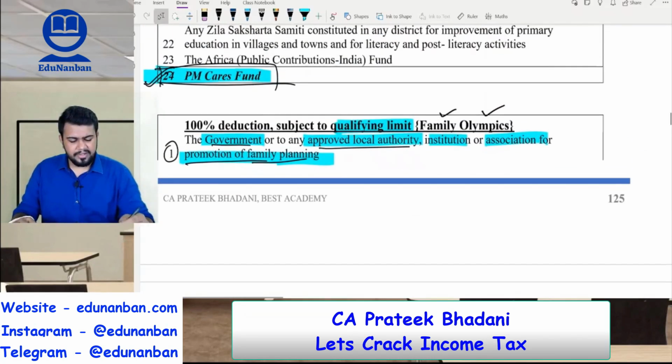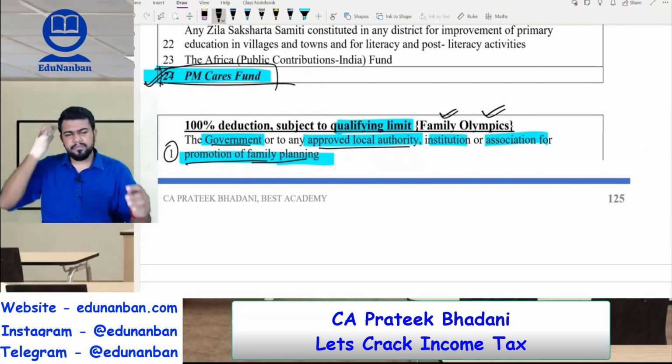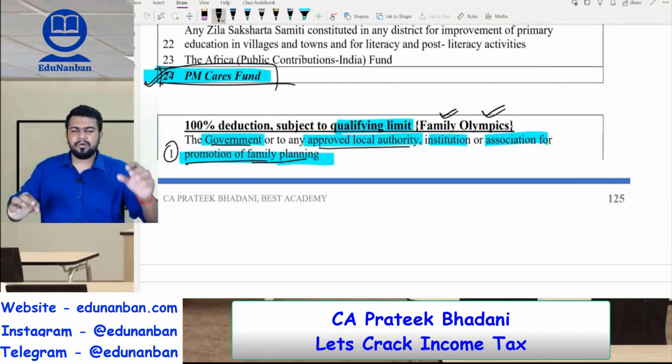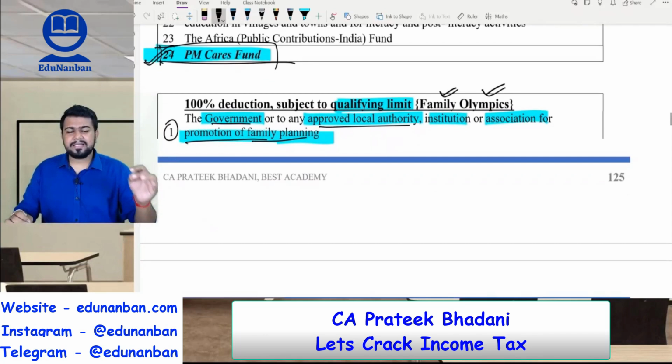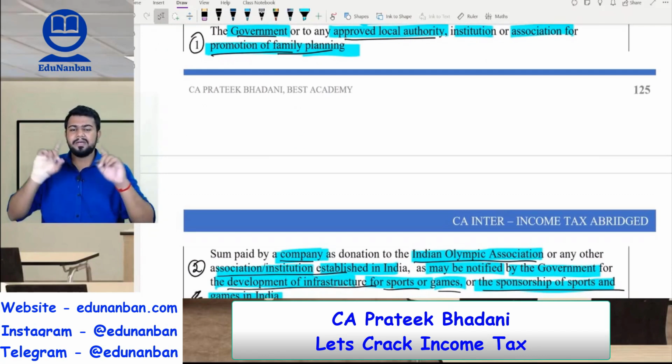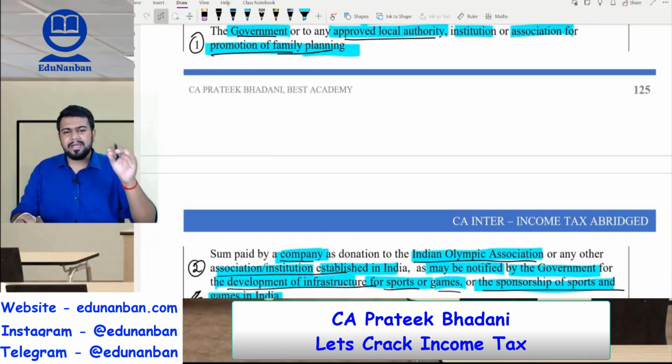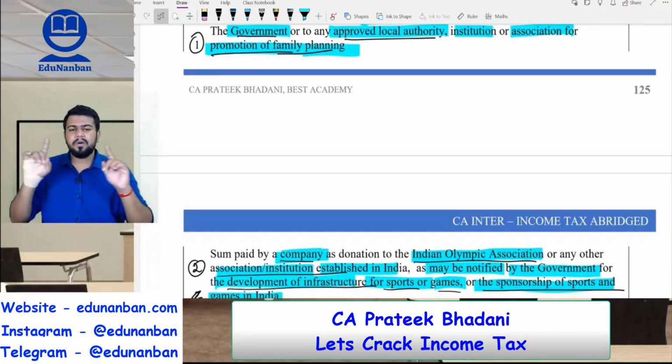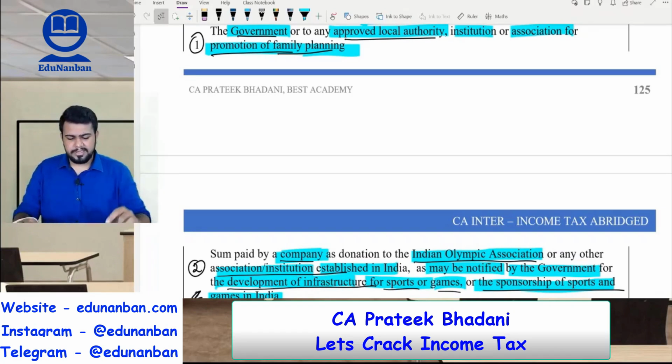I have given you the keywords: family, Olympics. So if it is for family planning or Olympic sports etc., then it is covered in the 100% limited category. It means 100% of the donation is allowed as deduction. However, the amount of donation should be within the limits.